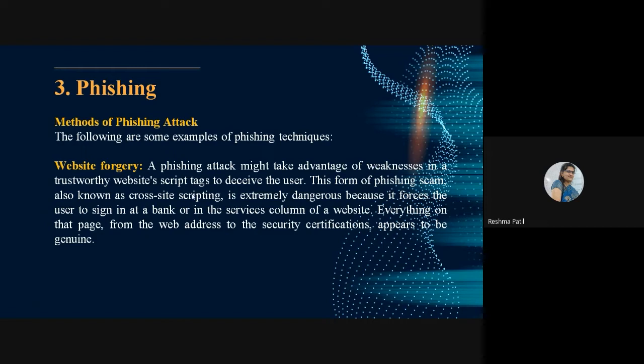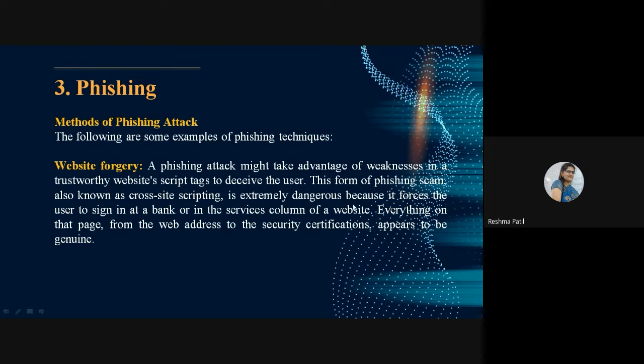So they will use this script tag, which has some weaknesses, to deceive the user. This form of phishing scam is also known as cross-site scripting. There is a weakness, a vulnerability, in this particular script tag, and they use it to deceive the user. It is also called cross-site scripting.